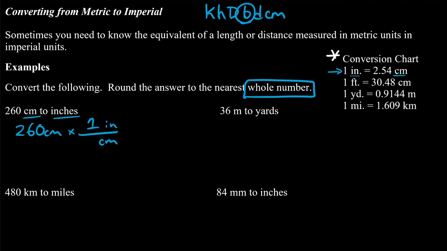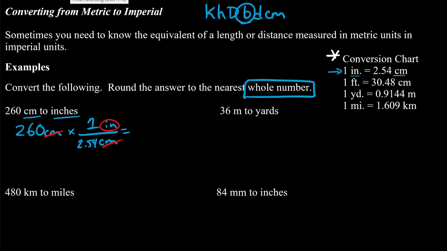So in 1 inch, there's 2.54 centimeters. So what I'm going to do on my calculator is take 260 centimeters times 1, but that doesn't really mean anything, and then divide it by 2.54. So 260 divided by 2.54, and our centimeters cancel out, and I'm going to be left with inches.